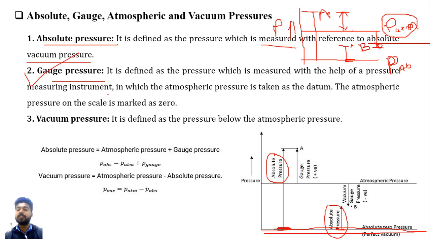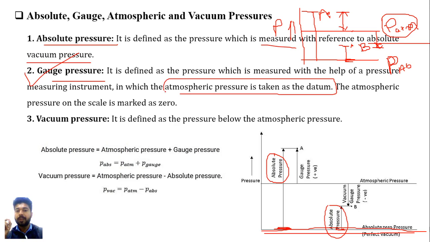Second definition, that is the gauge pressure. It is defined as the pressure which is measured with the help of a pressure measuring instrument. Whenever you find the pressure with your U-tube manometer or the differential U-tube manometer, these all are different types of pressure measuring instruments. In them, the atmospheric pressure is taken as a datum.